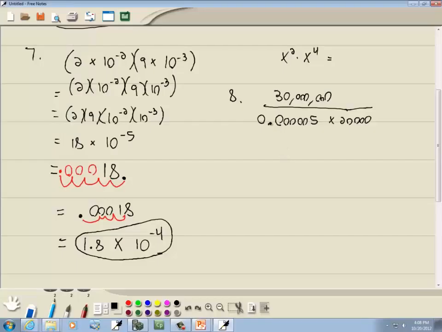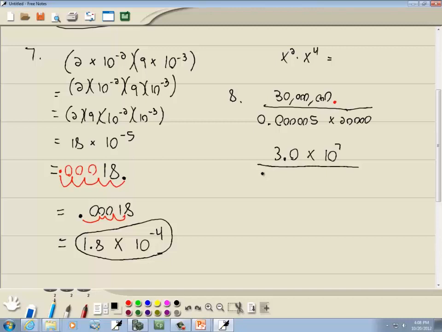Well, let's put them into scientific notation to begin with. So the top part is going to be 3.0 times 10 to some power. If I think where my decimal point is, it's right here. So I'll move it 1, 2, 3, 4, 5, 6, 7 places to the left. So that'd be 10 to the 7th. Again, this is a large number, so this should be a large number.